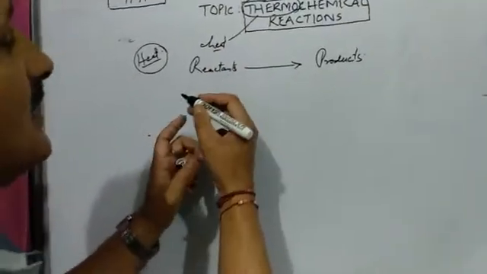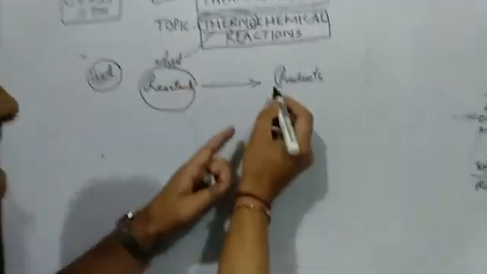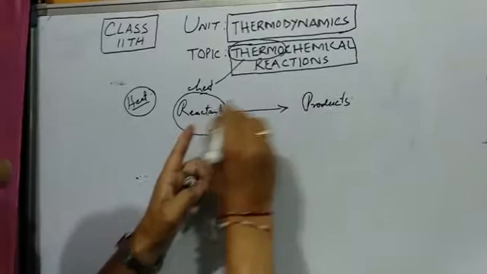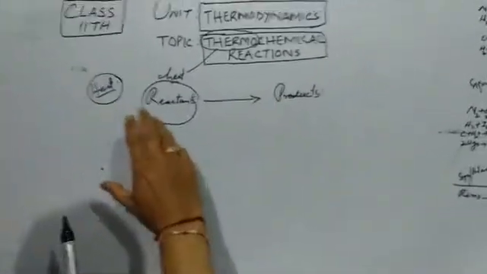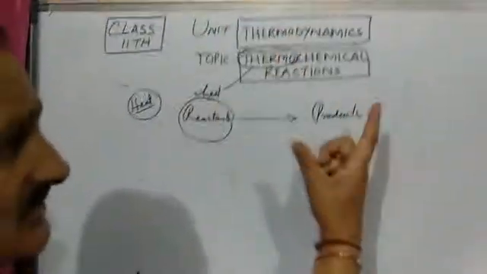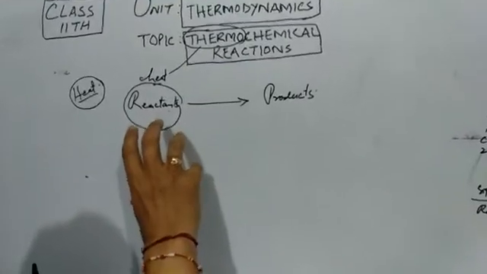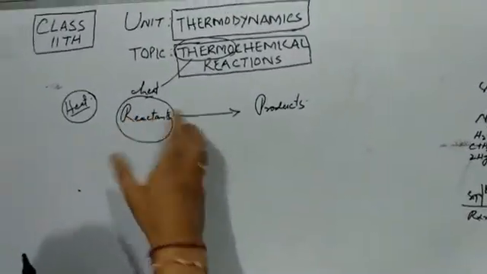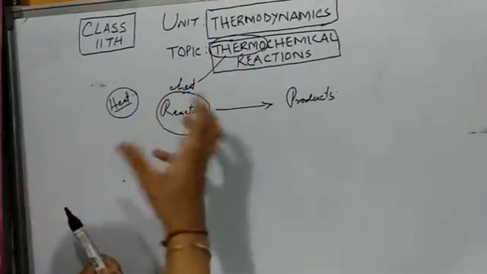That is, either the heat transfers from the reactant to the products or from product to the reactant. In other words, heat may transfer from the system to the surroundings, or vice versa, from the surroundings to the system. These are the two cases.